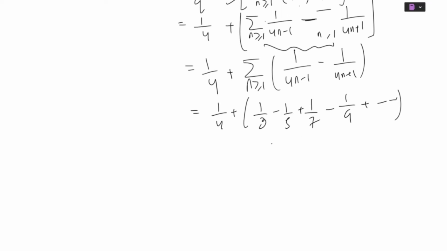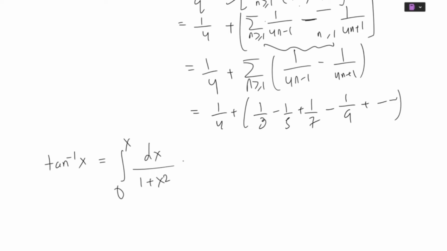Now, how do we evaluate this? Well, remember that the differentiation of tan inverse x was basically 1 by 1 plus x square, right? Or you can say tan inverse x is nothing but the integral from 0 to x of dx by 1 plus x square.